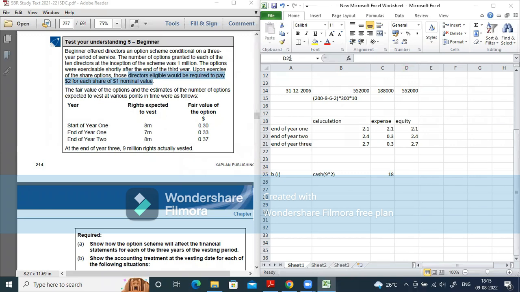Yeah. Now the second one, already here you can see this is 2.7, the total share options, which will be equity. We already recognized an equity of 2.7. Now let me show this one.